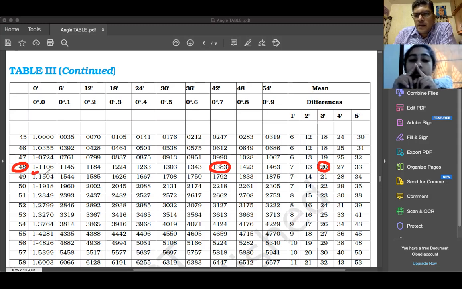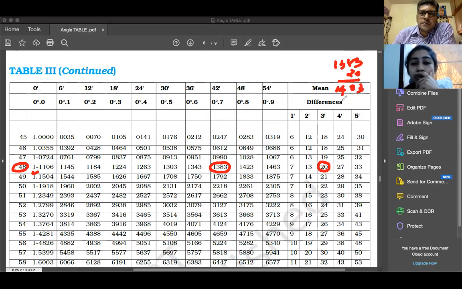So it is 1.1383 plus 20, it is never minus here. So 1383 plus 20 would be 1403. It is called 1.1403.